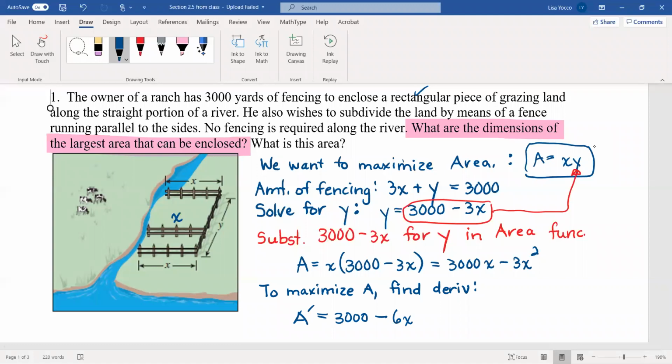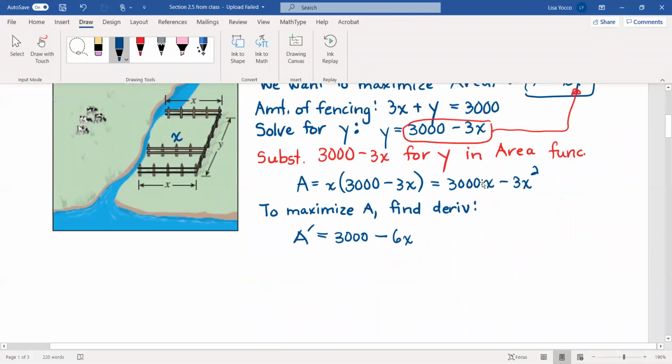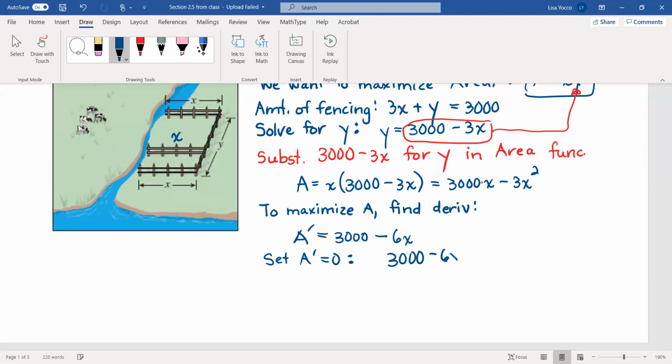And that's my derivative. All right, we set the derivative equal to 0 and solve for x. I'll add the 6x to both sides, then divide by 6, which gives me x equals 500.